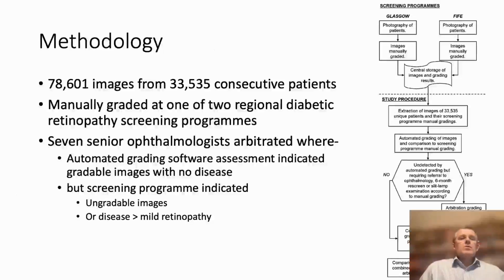And the way the study worked was that there were just over 33,535 patients from 2 screening programs. These were 5 in Glasgow. The images were all graded by the autograder, and the manual results were taken as is from the screening programs. Where there was a discrepancy between the autograder and the manual grading programs, then 7 ophthalmologists arbitrated the images.